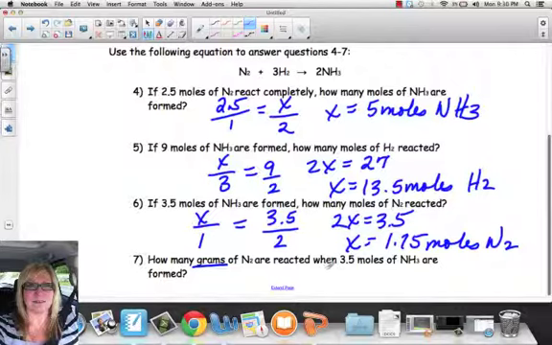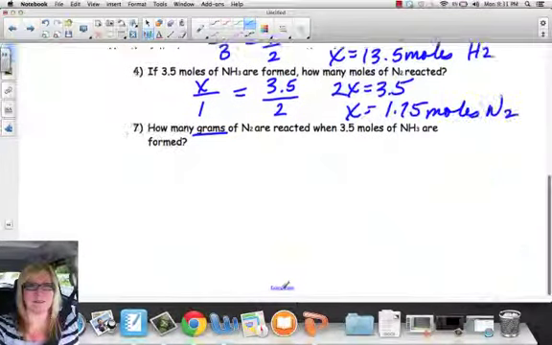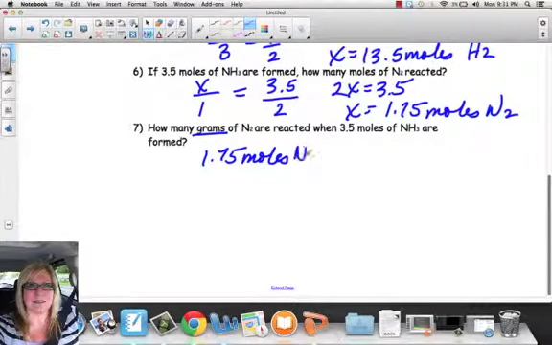So first we have to solve for moles, and we actually just did this problem. 3.5 moles of NH3, so let's find moles first, x over N2. So this is x over 1, this is what we just did, equals 3.5 over 2. So we know that this is 1.75 moles. So we have 1.75 moles of N2, and they want us to change that to grams.